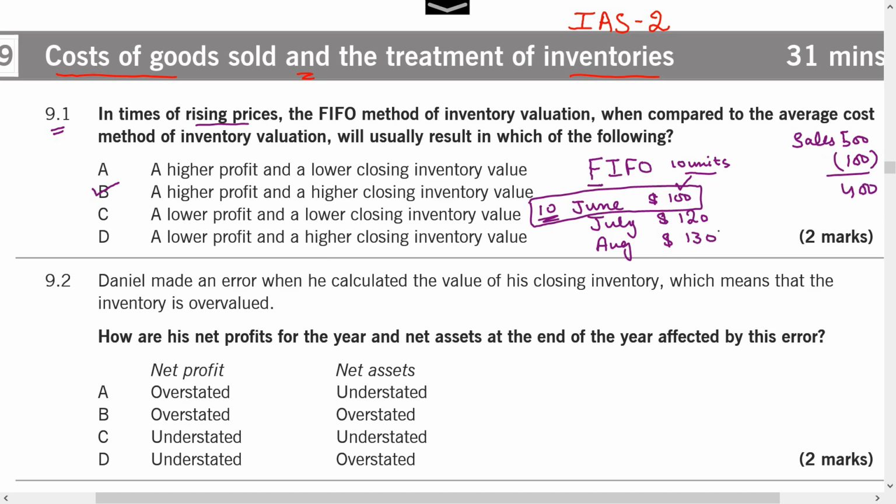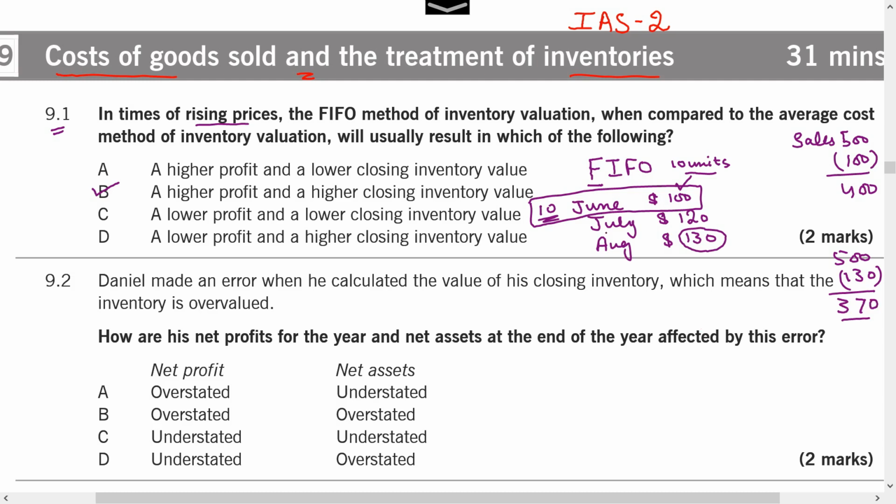But let's say if we are using inventory of this date, then that means we are required to deduct more amount from our sales and our ultimate profit will be decreased by $30, right?